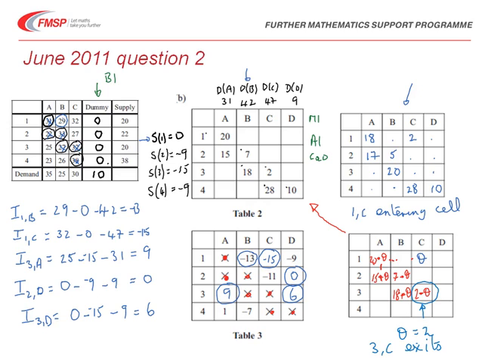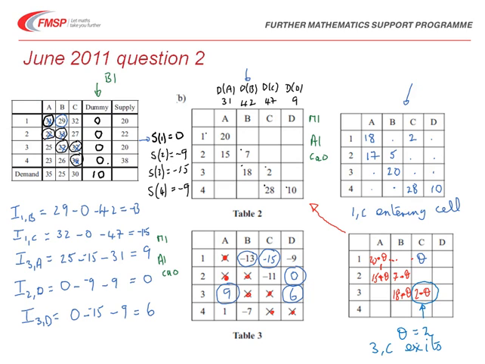The improvement indices, again a method mark as long as you've got 3 correct in this case, and then an accuracy mark, which was again CAO, so correct answer only. Filling those in on the table didn't produce any extra marks.